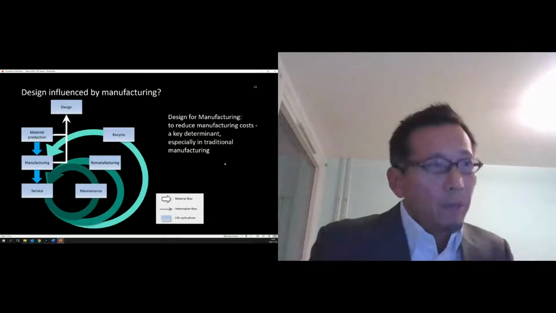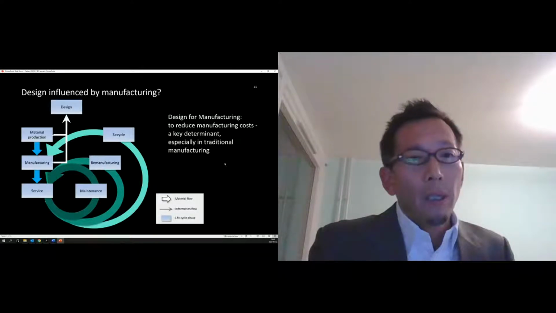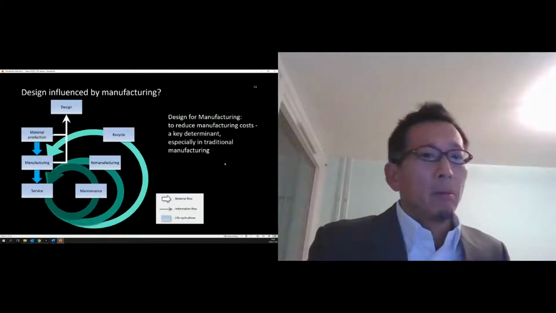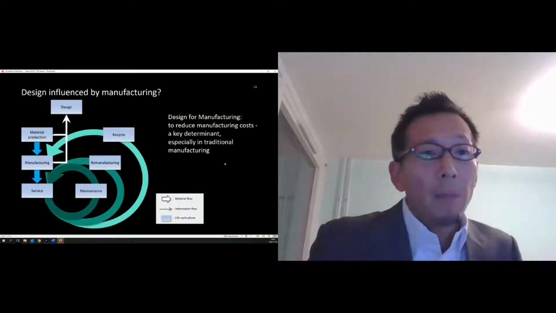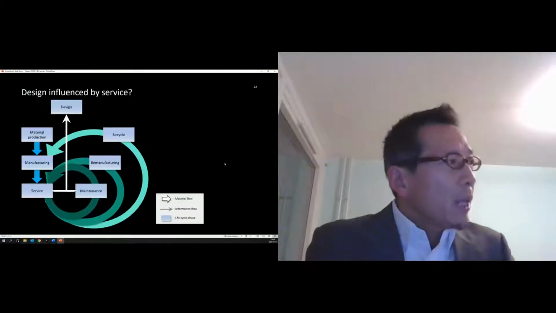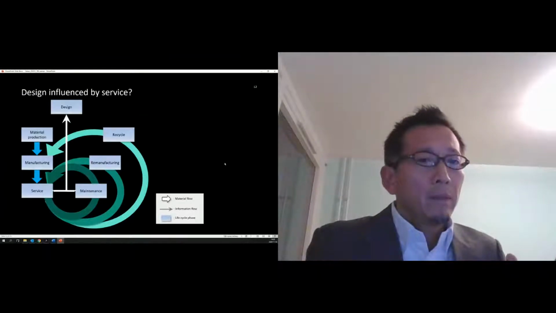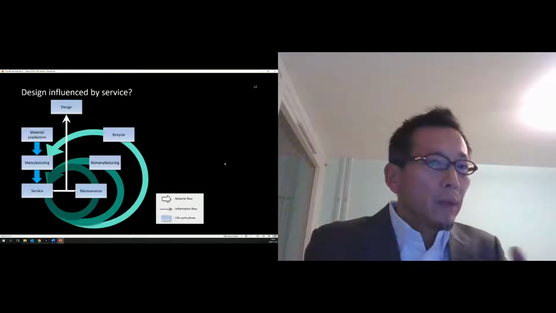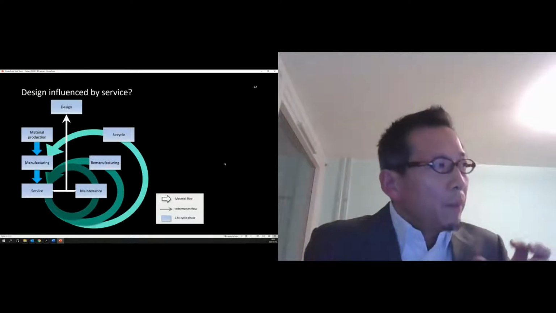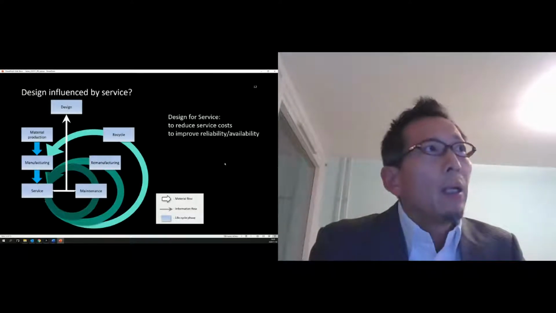Because this is actually a key determinant, especially in the new manufacturing, because they can save costs, thereby they can increase the profit. In the same way, we can find a lot of knowledge in literature, and also we can see the practices for the feedback from service/maintenance to design.